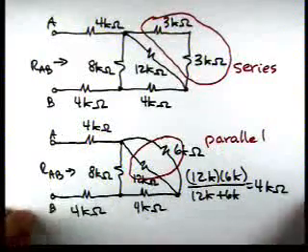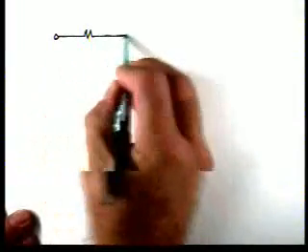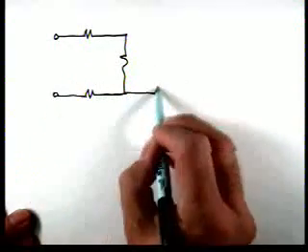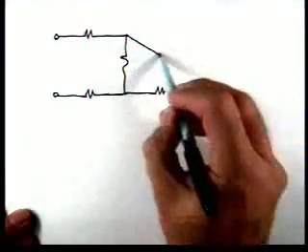So now let's again redraw the circuit with that combination. So we're steadily working toward the input terminals.